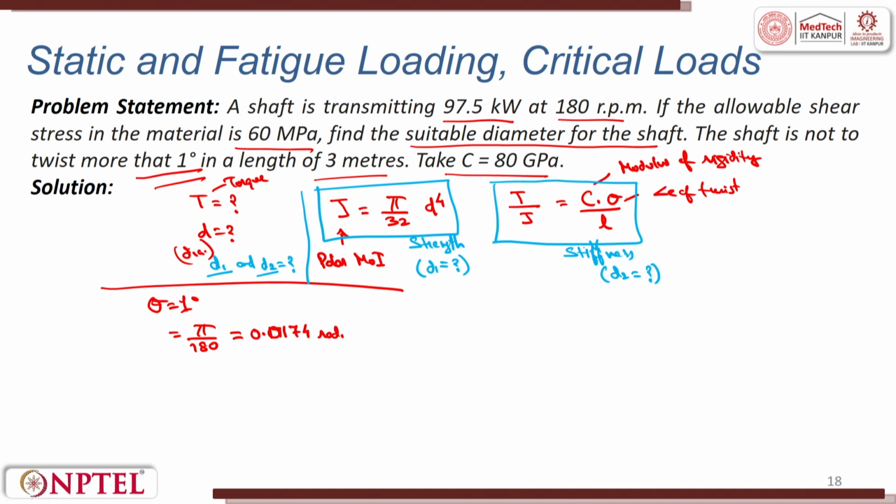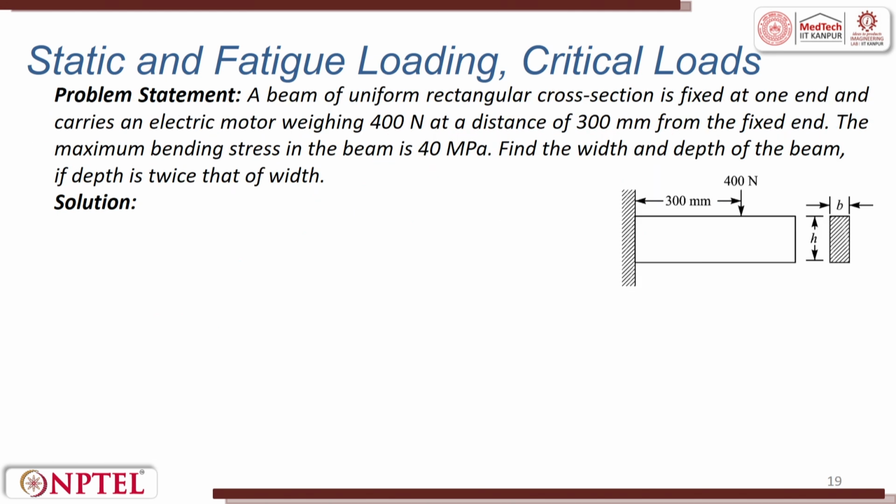One last problem statement that we will take today is about this figure that is given. Here it is given a beam of uniform rectangular cross section is fixed at one end and carries an electric motor weighing 400 Newton. There is an electric motor here, at a distance of 300 millimeter from this fixed end.